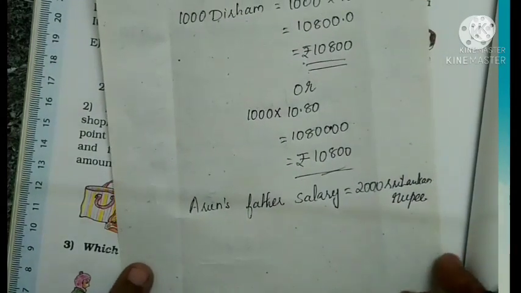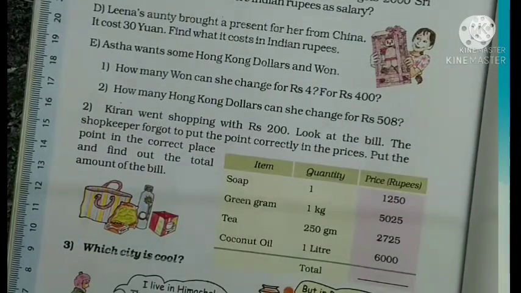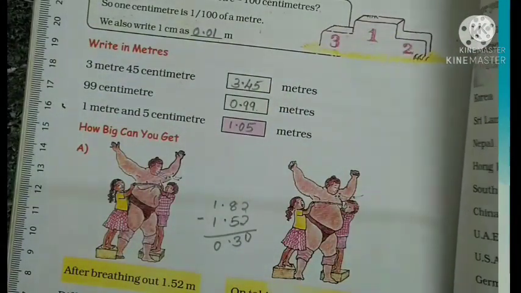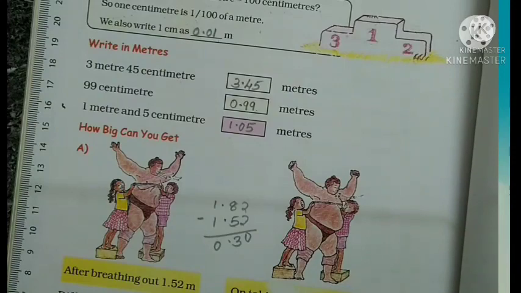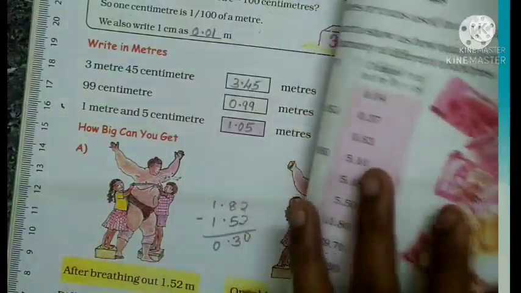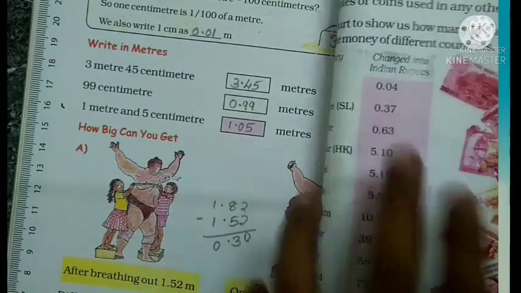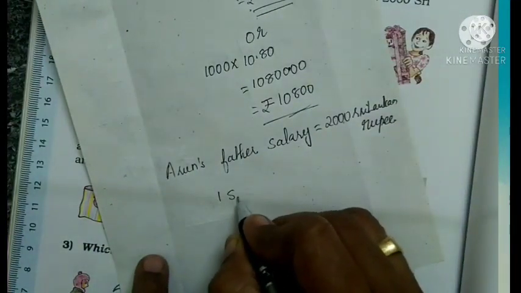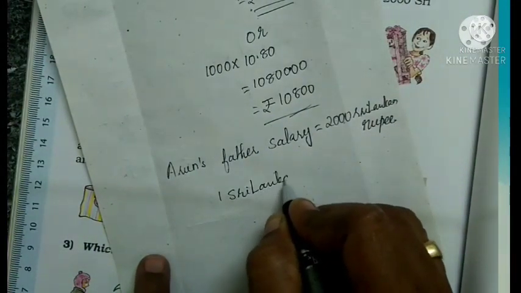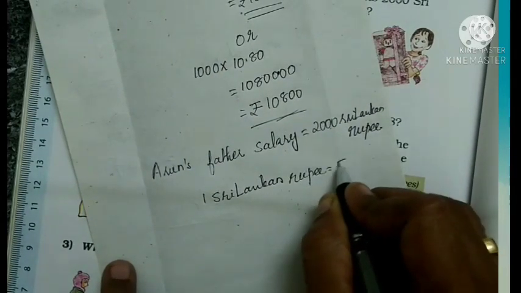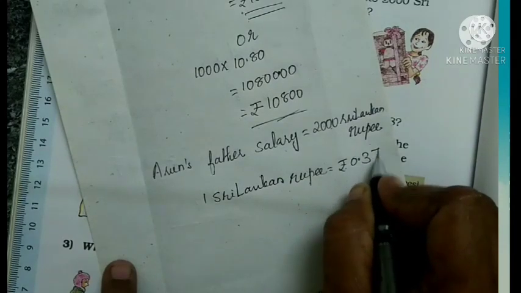2000 Sri Lankan rupee. So next we want to find out how much amount is 1 Sri Lankan rupee. So what is the amount? 1 Sri Lankan rupee. So there you can see 37 paise. So 1 Sri Lankan rupee equal to rupees 0.37.